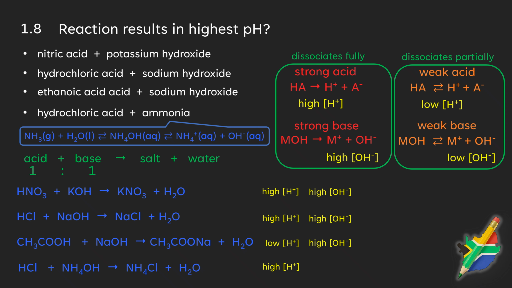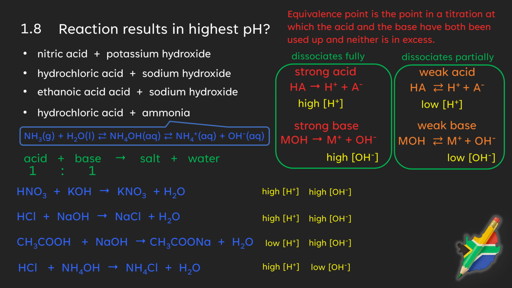Weak bases dissociate partially and produce a low concentration of hydroxide ions. Since ammonium hydroxide is a weak base, it produces a low concentration of hydroxide ions. Now that we know the equations for each acid-base titration and the relative concentrations of hydrogen ions and hydroxide ions, we can start to deduce the final pH of the reaction at equivalence point.